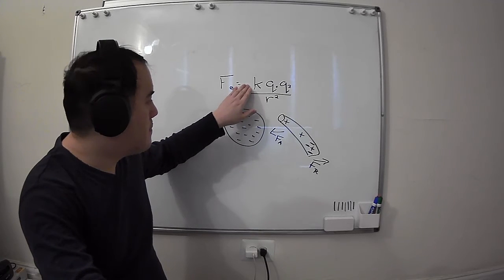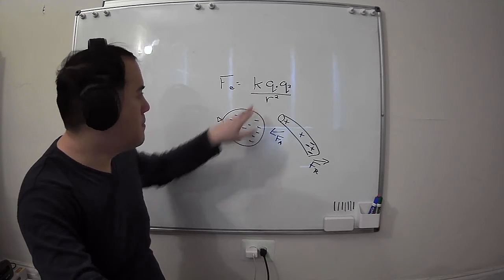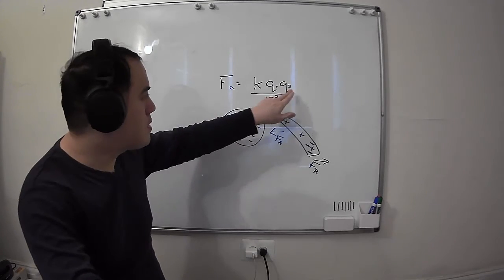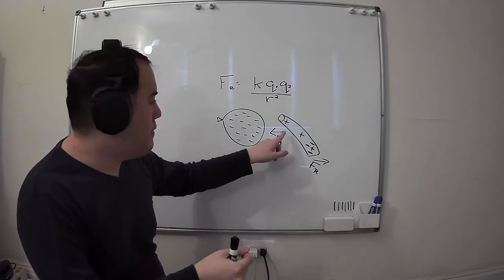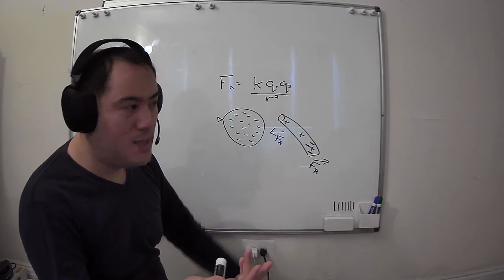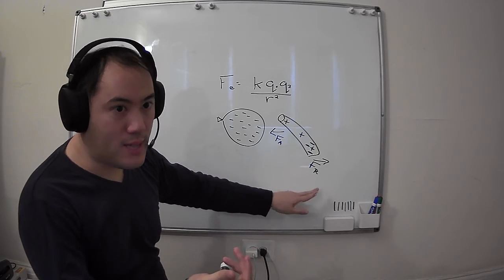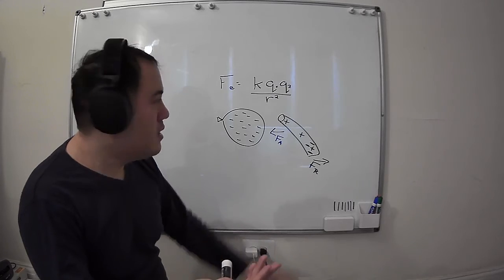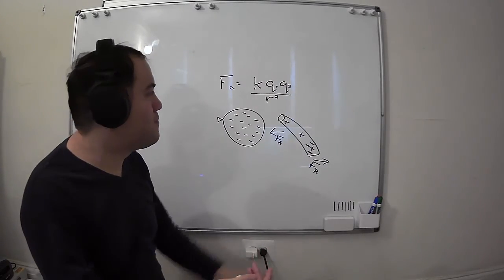K is the same. It's a constant. Q1 is the balloon. That's the same balloon. Q2, it's actually the same. If the left side loses 3 electrons and the right side gains 3 electrons, the positive charge on the left side will equal the negative charge on the right side because charge is conserved. So it's not K, Q1, or Q2 that's different. The top's all constant.